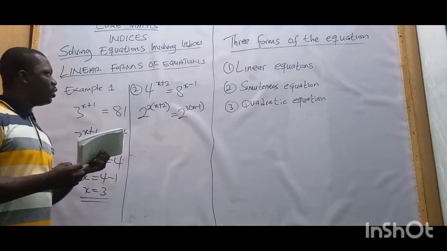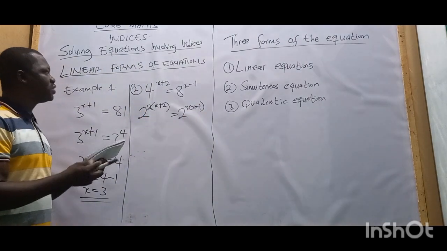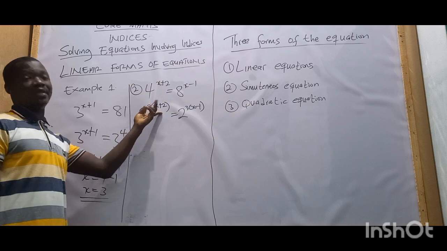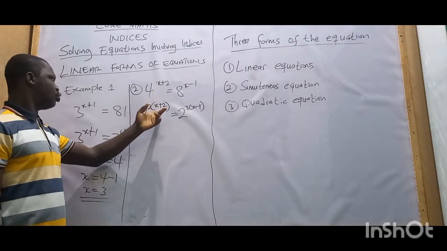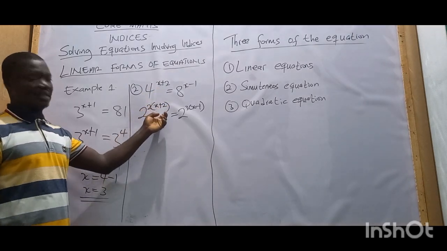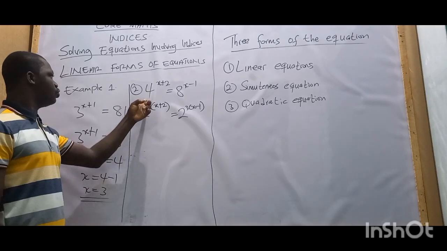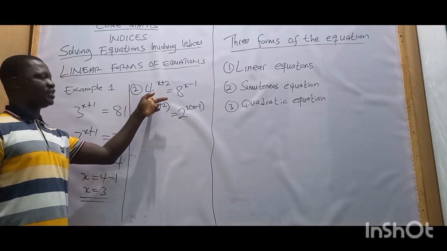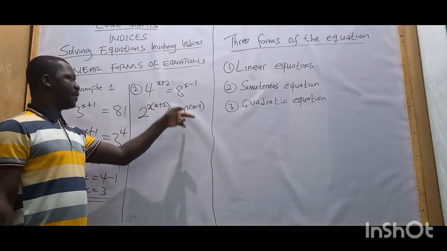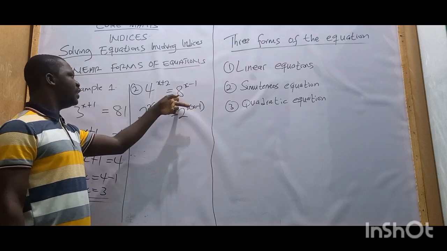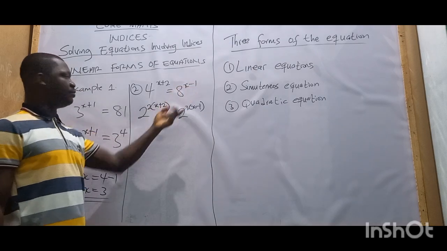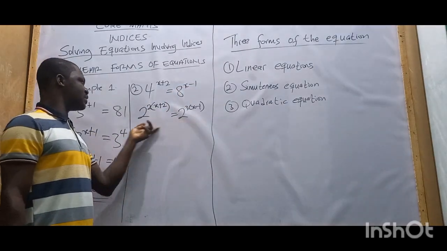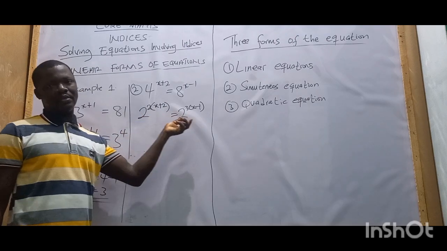Please always remember to put the exponent in brackets so that it won't confuse you when you are expanding it. So this is how I do. 2 times 2 to give you 4, which is this. 2 times 2 times 2 to give you 8, which is this. So this is my exponent. So it means that my base is correct.